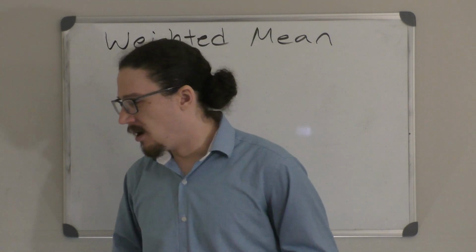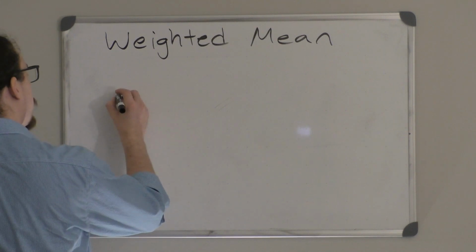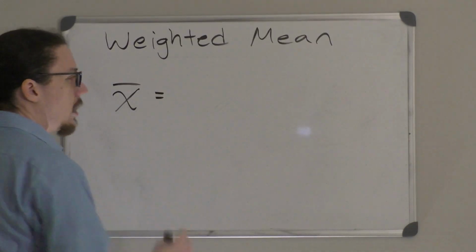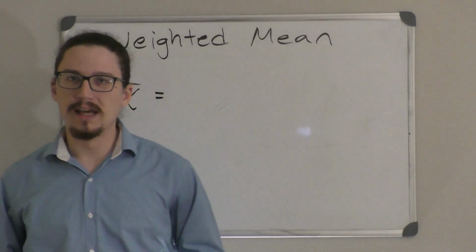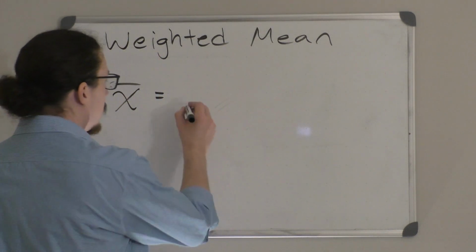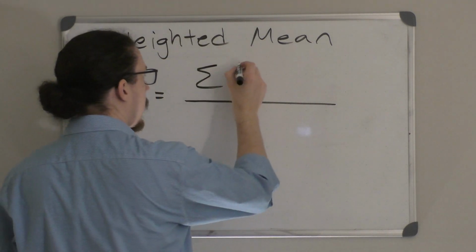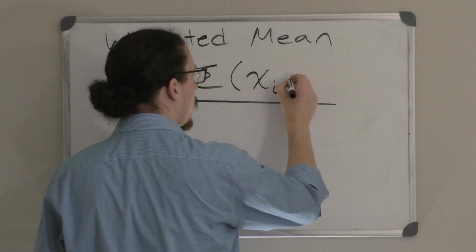A good example of where, well, actually, let me do the formula before I start talking about that. I'm just going to use X bar. We don't really have a dedicated symbol for the weighted mean, but this is the formula for the weighted mean.